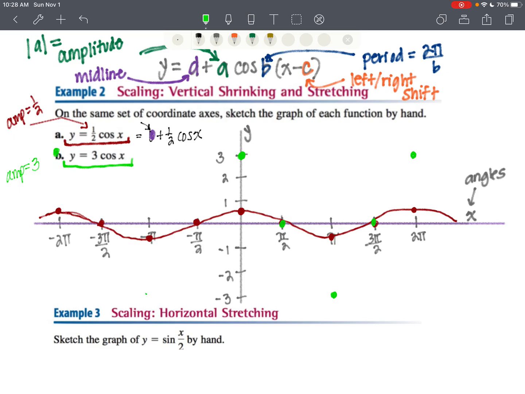Halfway between, we're at the minimum. Halfway between the max and the min, we're at the midline. And there's our graph of y equals 3 times the cosine of x. And you can see here, I'm going to show you. There's our amplitude, an amplitude of 3.